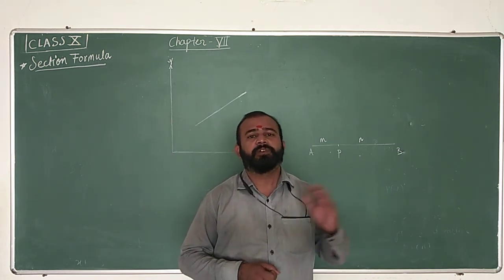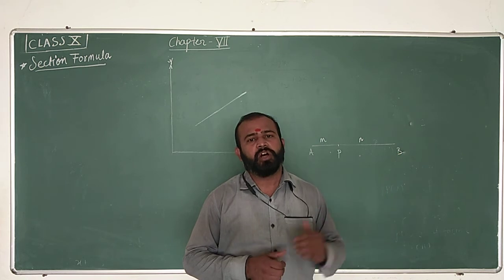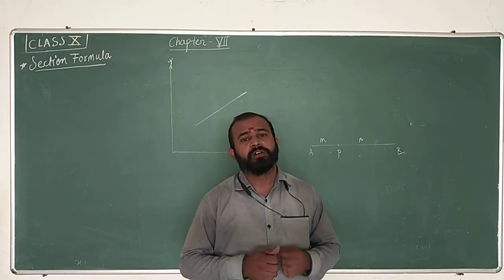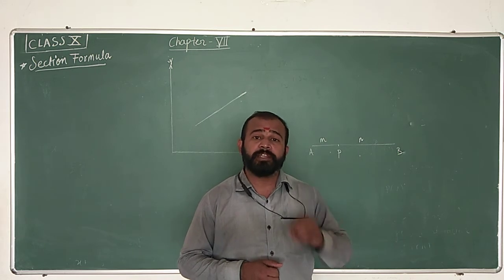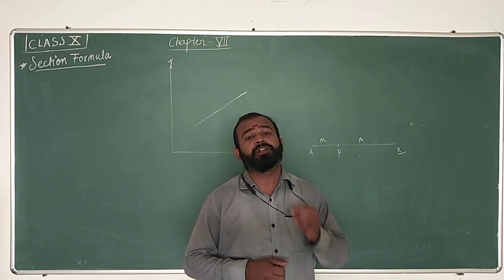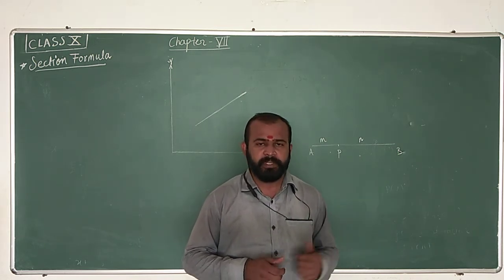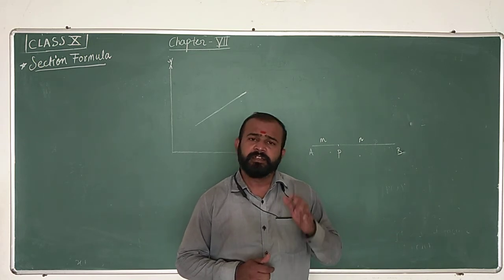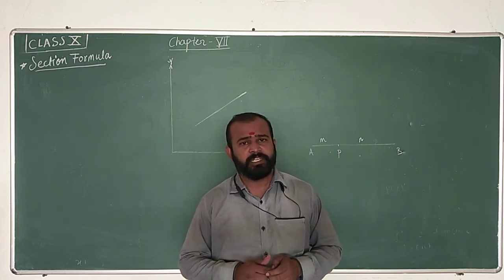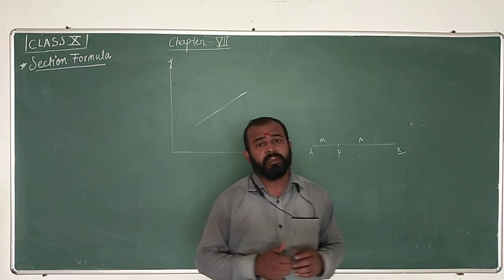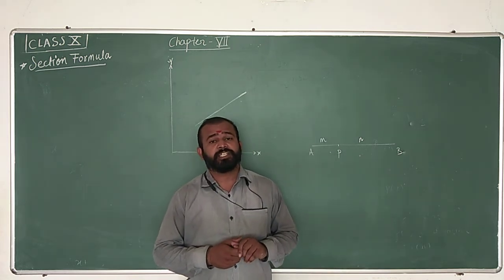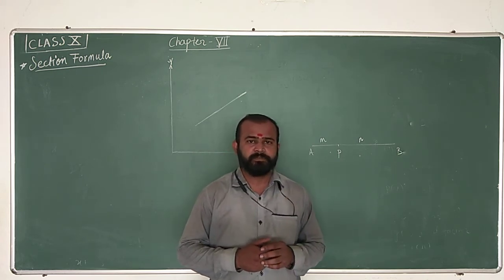By the section formula, we are going to find the coordinates for internal division of any line segment. There is also a formula for external division, but external division is not on your syllabus.